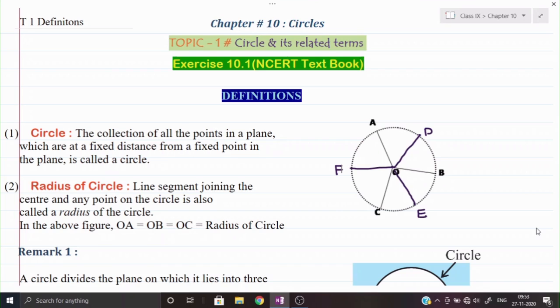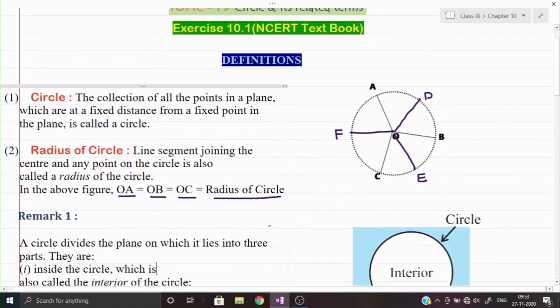So the radius is the length between the center and any point on the circumference. It can be A, it can be B, or any other point. As you can see in the above figure, OA, OB, OC are all called radii of the circle.